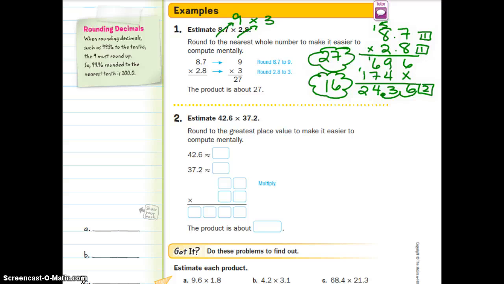And we notice that 24.36 falls between 16 and 27. It's closer to 27, but it still falls within the range. So they're both good estimates.